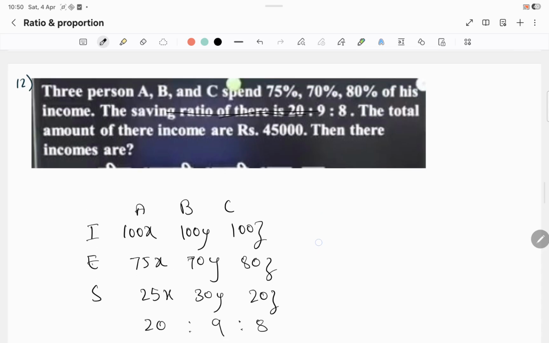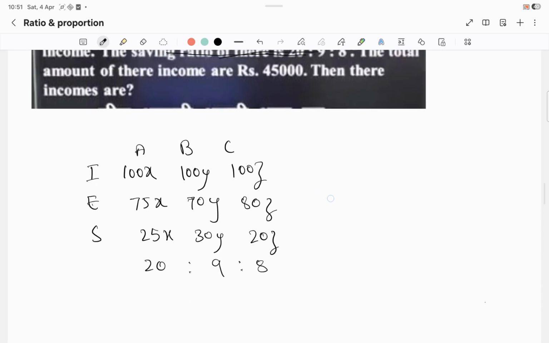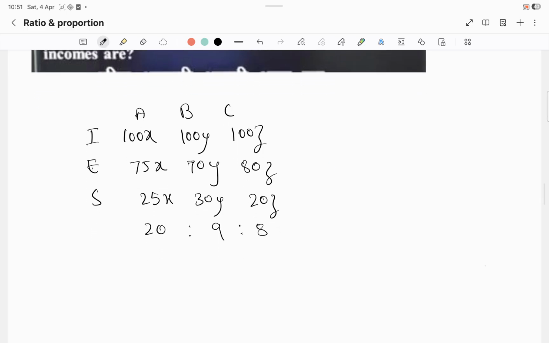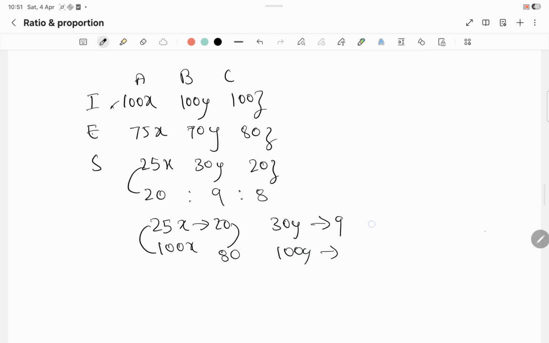The total amount of their income is 45,000. Then their incomes are, okay. But this 25x is nothing but 20. If 25x is 20, then initially 100x will be how much? 25 into 4, so 20 into 4, 80. Now, 30y is given as 9. Then 100y will be how much?